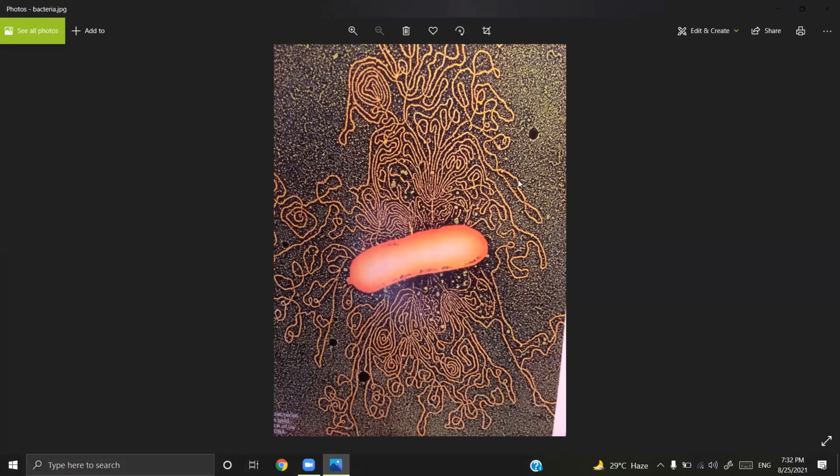Children, if I'm going to speak about the E. coli bacteria, that is going to have 4.5 to 4.6 million base pairs. And if you're going to stretch this particular 4.5 to 4.6 million base pair DNA, this is going to be 1,000 times longer than the E. coli that you can see on the screen.